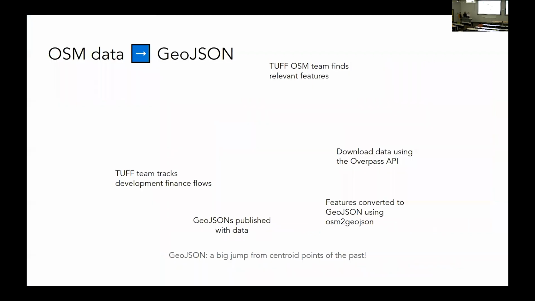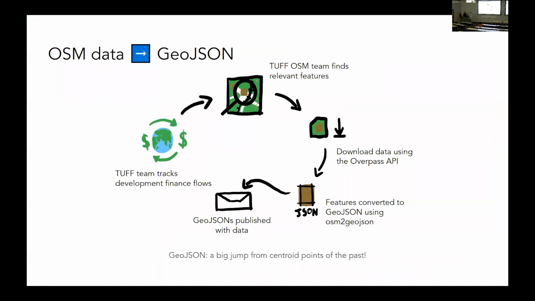Okay. So I want to talk a little bit about our overall workflow, going from the researchers who look at each of these individual development projects all the way to a nice data product that our consumers can take a look at and visualize exactly where these projects are in physical space. Our coders will go in, of course, do all that research on these projects, and they'll generate a list of OpenStreetMap IDs that reference the features that are relevant to these projects. That might be buildings, industrial areas.